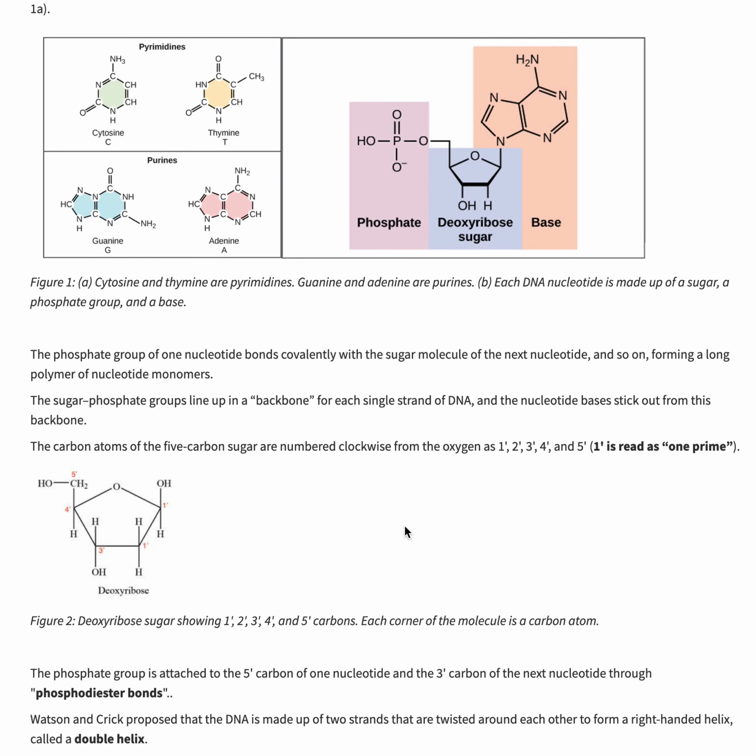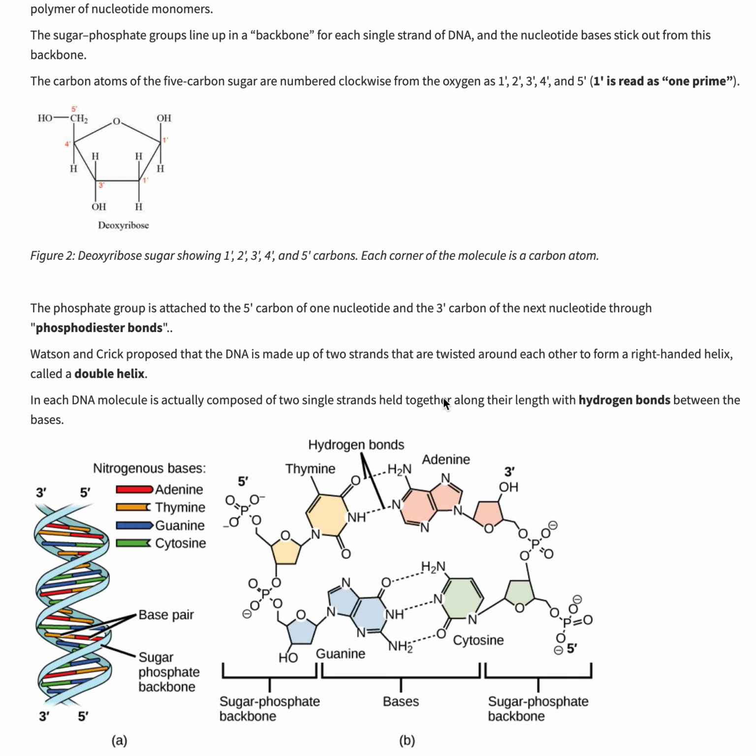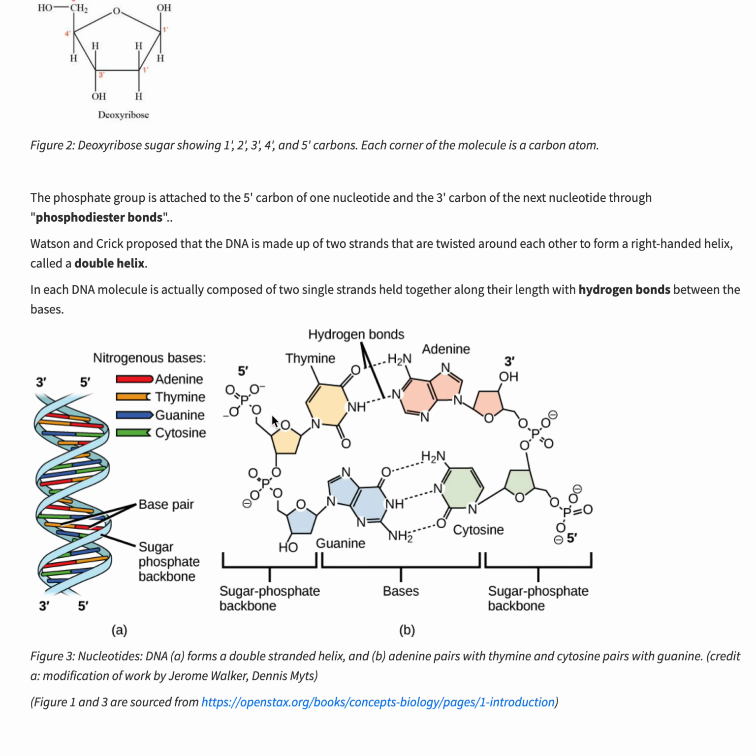The phosphate group of one nucleotide covalently bonds with the sugar molecule of the next nucleotide. So if you look at here, this phosphate group is covalently bonded to the deoxyribose sugar. Now if we go down and see here, this is the first nucleotide, this is the second nucleotide.